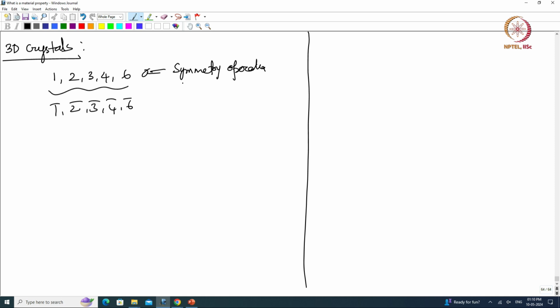These are symmetry operations. So far we have seen them as single operations, not as combinations of several operations.